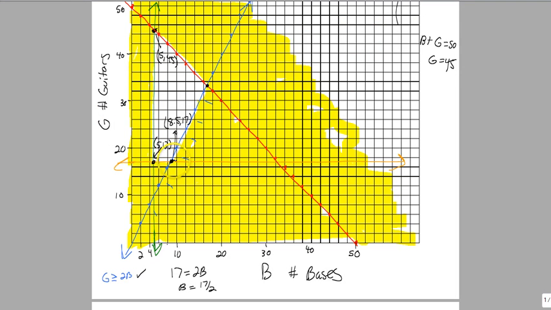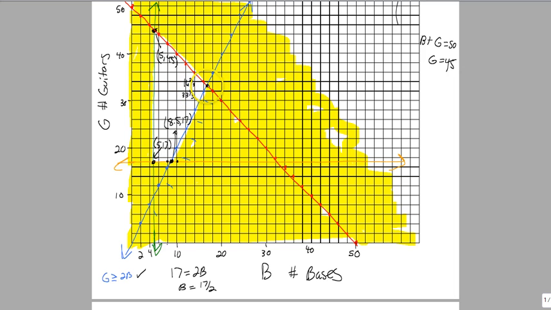So we either have to go to 9 or to 8 for the number of bases, because we can't have 8.5 bases. Obviously, if we go to 9, it doesn't fit in our region anymore, so we can't do that. So we have to use the point 8, 17. Same thing for this one up here, where we have 16 2/3 and 33 1/3.